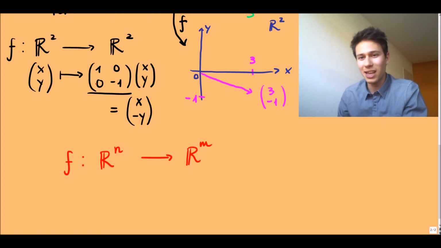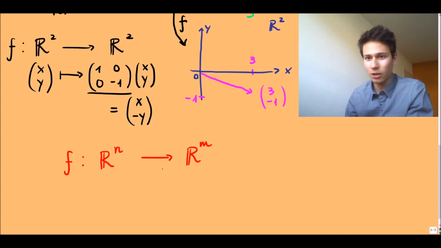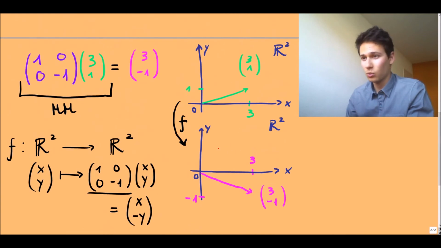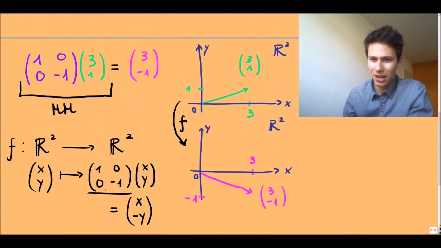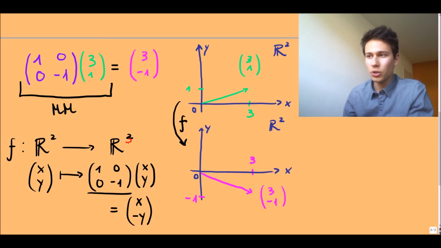Up here in my examples, we always had the R2 which goes to the R2, so we had not different vector spaces or coordinate spaces of different dimension, but in general this could be a map from R2 to R3 and so on. Then you wouldn't have a square matrix, but in order to get an R3 vector here, so if we would change this to an R3, you would need a different shape of your matrix.